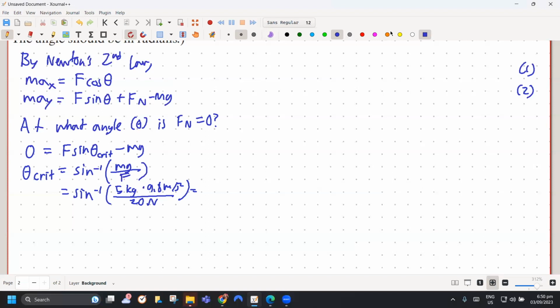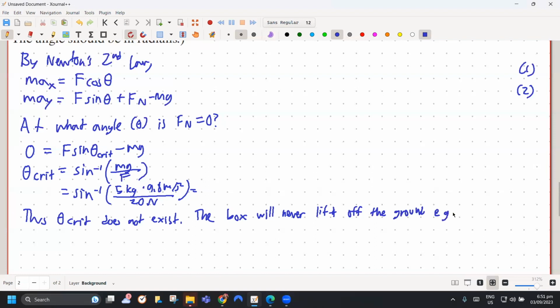Which means, for any angle, a sub y must be 0.